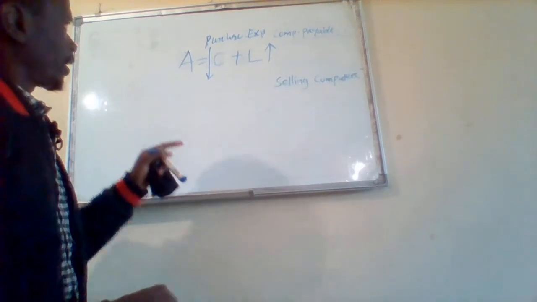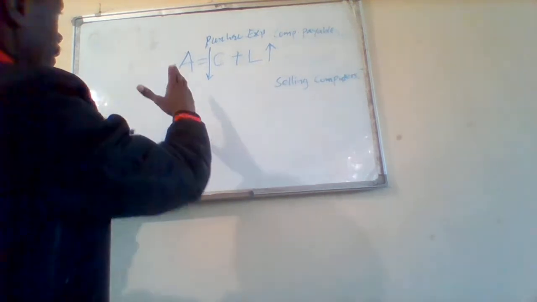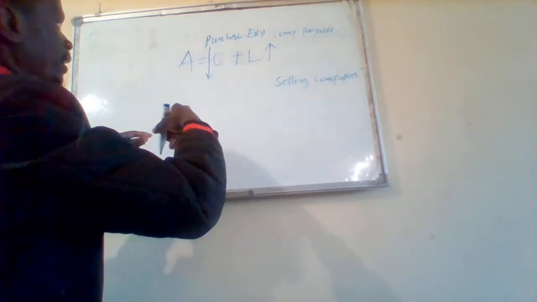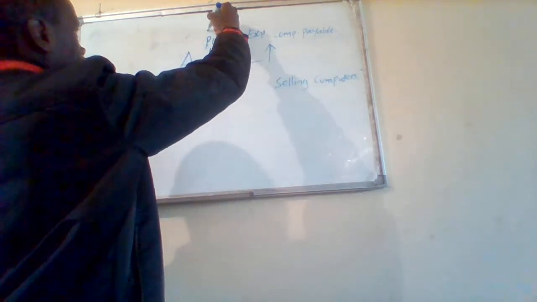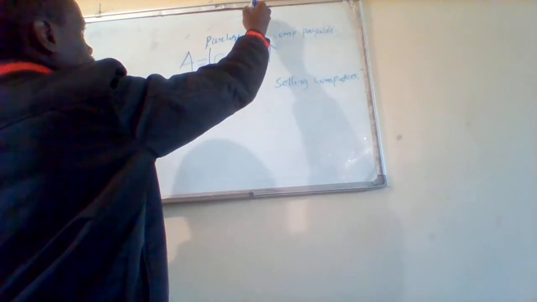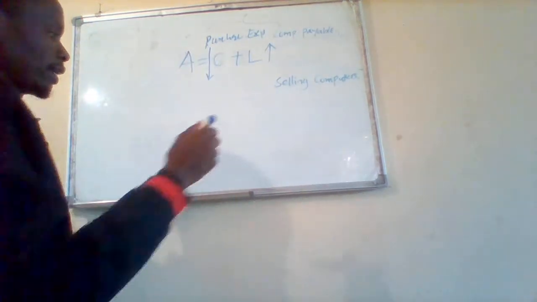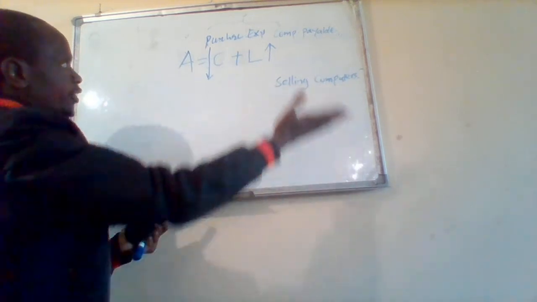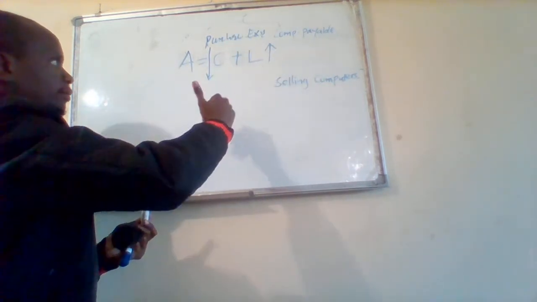So there's no effect on the left hand side. So this is 0. And the overall effect on the right hand side is also 0 because the decrease has been offset by the increase in liabilities.